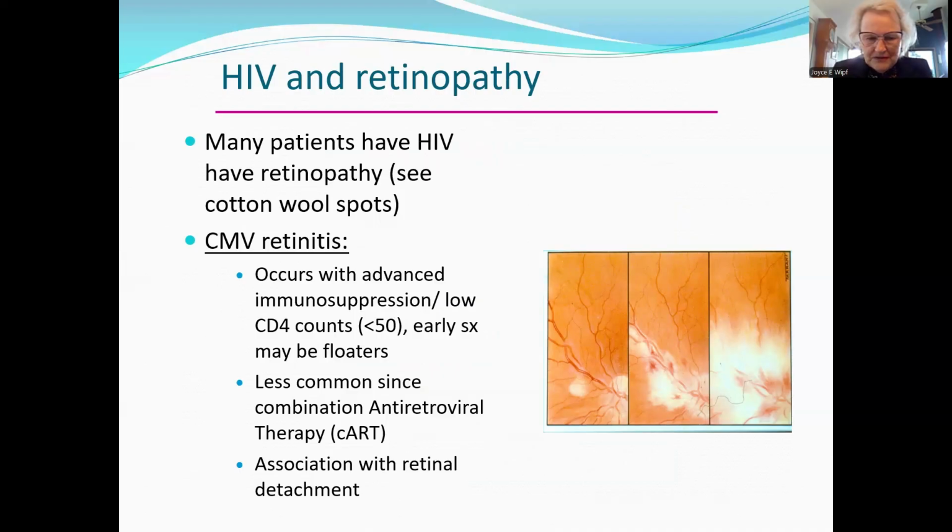Early symptoms may be floaters. And you see these fluffy infiltrates tracking along vessels. This is much less common since combination antiretroviral therapy, or CART, has been used for many years now. There is an association of CMV retinitis with retinal detachment.